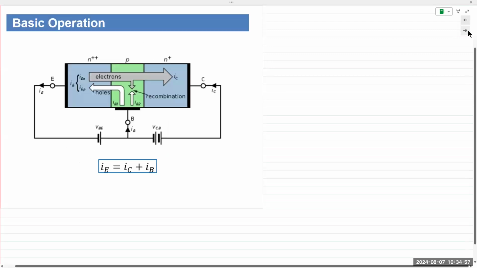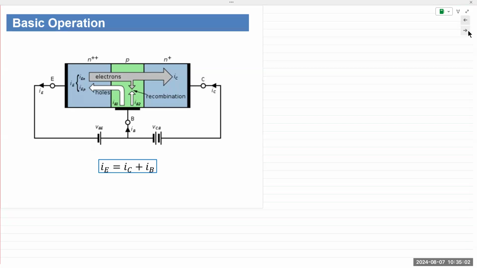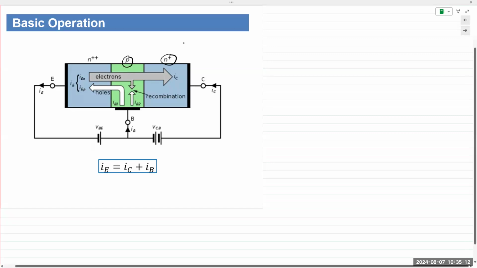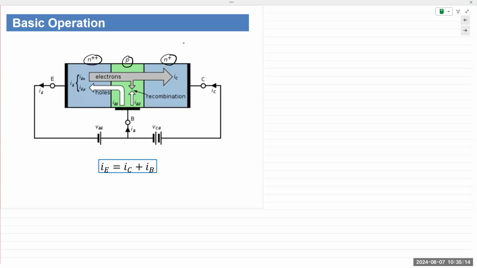So basic operation again, here's more detail. You have electrons and you have holes in this NPN transistor. N plus simply means it's slightly higher doped. Base is very thin and lightly doped. And you have a very, very heavily doped emitter region. This is an NPN transistor. So the emitter has an excess of electrons, a huge number of free electrons that are free to move about. The base is very thin.